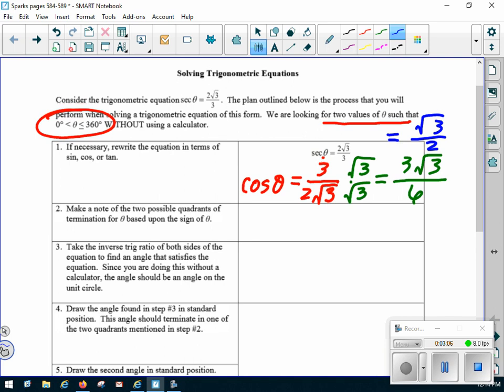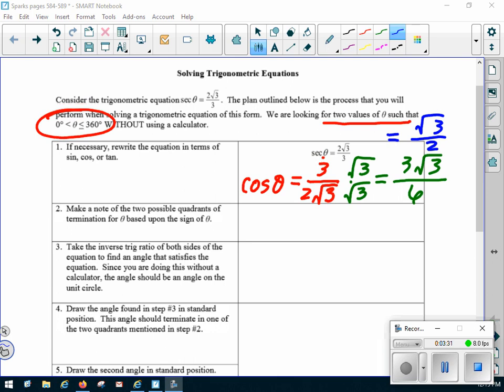I know angles that have a cosine of square root of 3 over 2, right? Give me an angle in quadrant 1 that has a cosine of square root of 3 over 2. 30 degrees. Good.